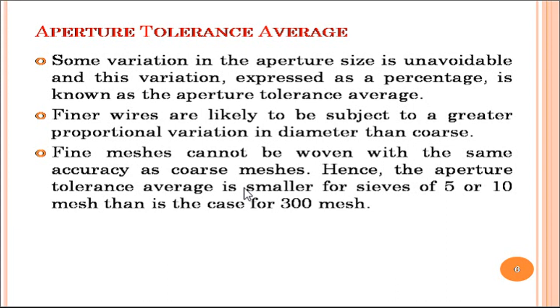If it is thick wire, then there will be less cross-sectional area and fewer holes, so the chances of deviation in the number of holes are very low. If it is thin wire and the wires cross each other, and you are counting the number of holes, it is possible that the number of holes is slightly more than what we require.